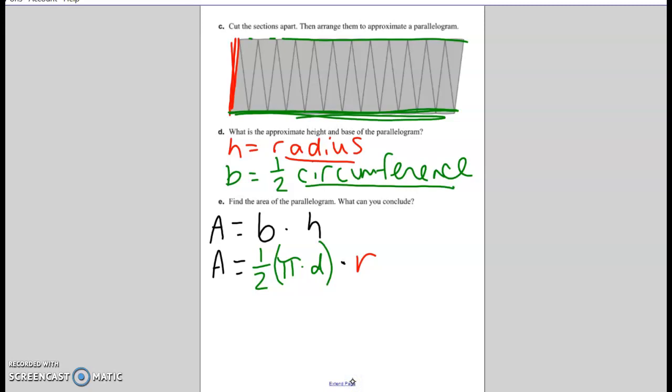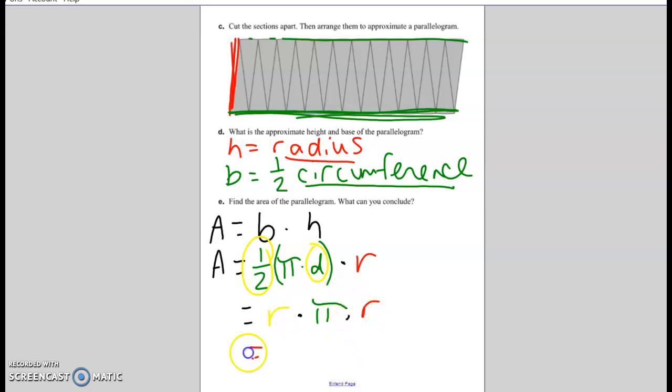So, this looks a little crazy, but it's half of pi times diameter, and half of the diameter is the radius. So it's radius times pi times radius.